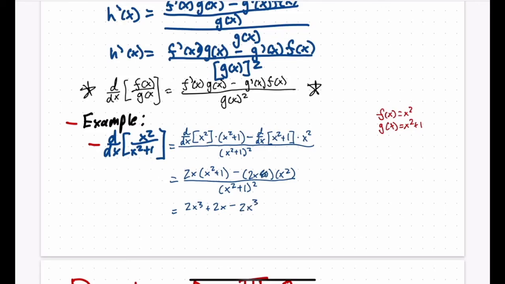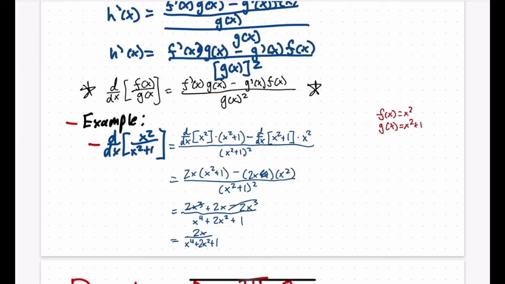Because this is just 2x times 2x squared, over x to the 4 plus 2x squared plus 1. We can subtract those. This becomes 2x over x to the 4 plus 2x squared plus 1. And there we go. That is the derivative.